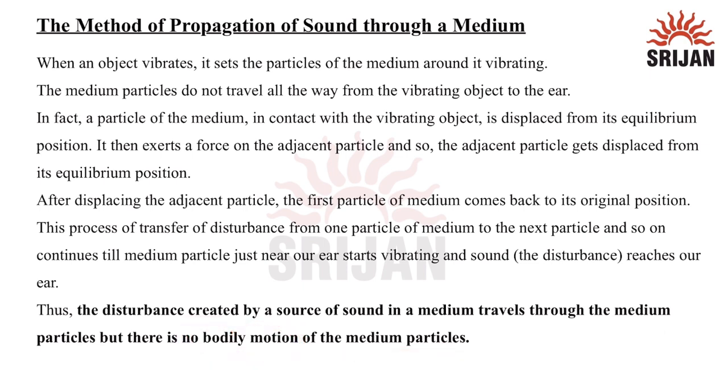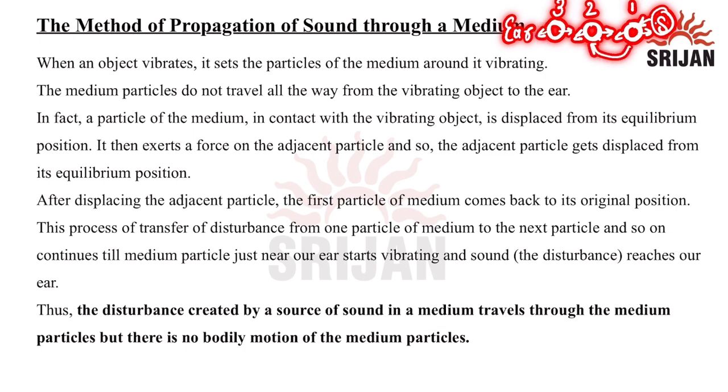Now to understand it more clearly, let us suppose this is a medium particle and this is also a medium particle. This is also a medium particle. Let's say this is the first particle, second and third particle. Our ear is over here and this is our source. Okay. Now the source will make the first particle vibrate in its own place. Now this, when in contact with the second particle, will make this one vibrate and then in turn the third will vibrate in its own place.